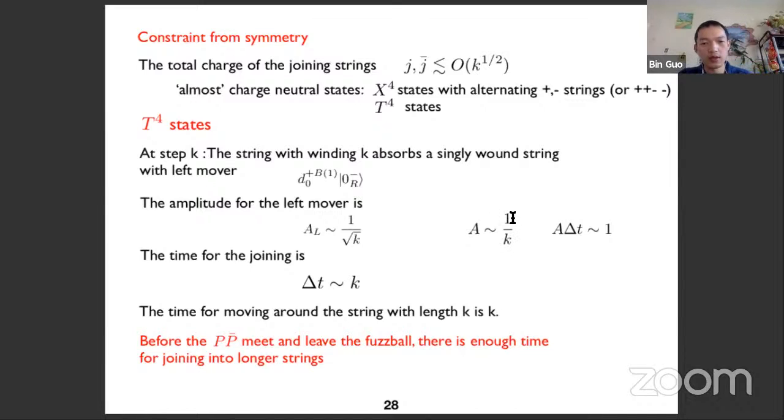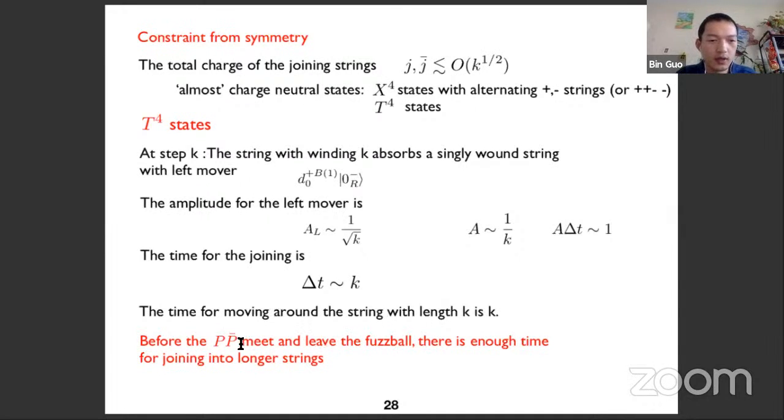This is comparable to the energy level of that system, which is 1 over K, so it's almost a discrete system. So you can estimate the time from K string to K+1 string, and the time is K. If you compare the time of moving around the strings with length K, which is K, you can see the time for the joining is comparable to the time to complete a string.